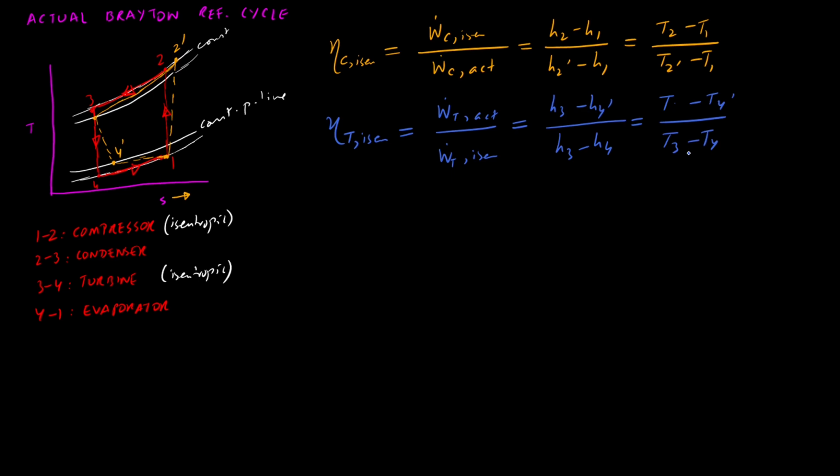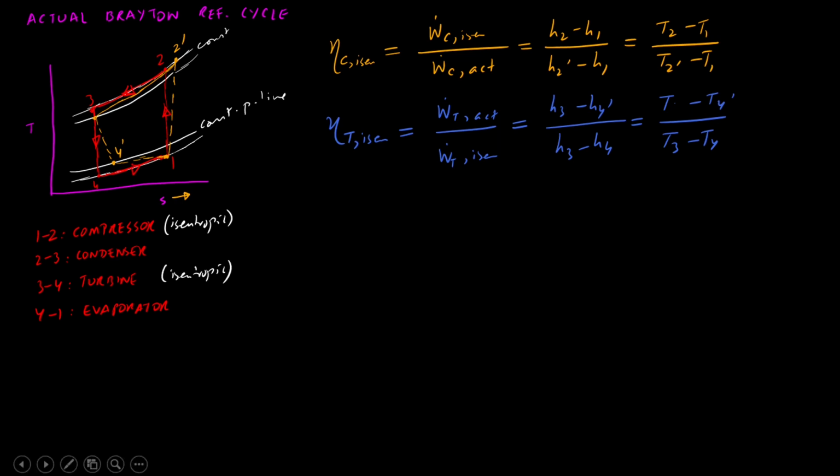So if we were writing it in those terms, then we would have to find the enthalpy or the temperature at state 2, and then we would have to find out the enthalpy or the temperature at state 2 dash, and that would then change the definition of the coefficient of performance as well.